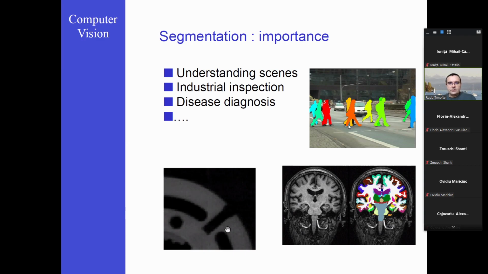We can also go for industrial inspection. For example, we segment some object, and based on the segmentation, we can assign some numbers that are related to the presence or absence of some defects.